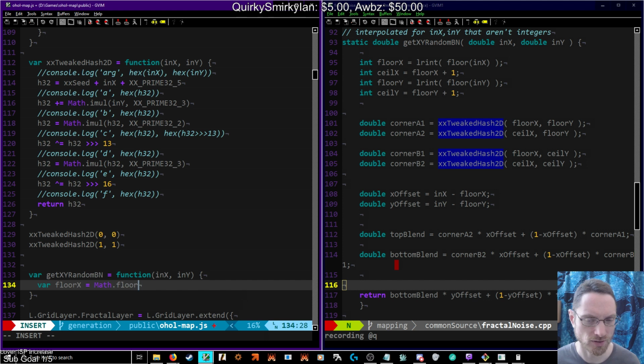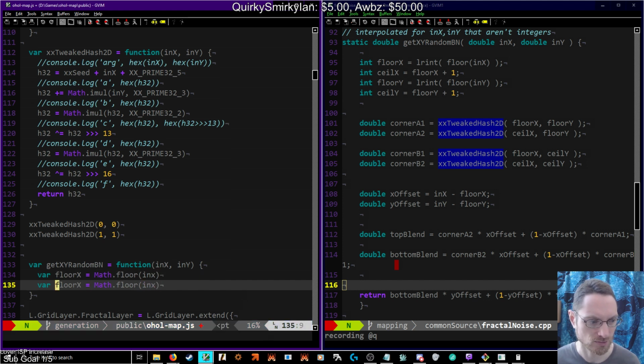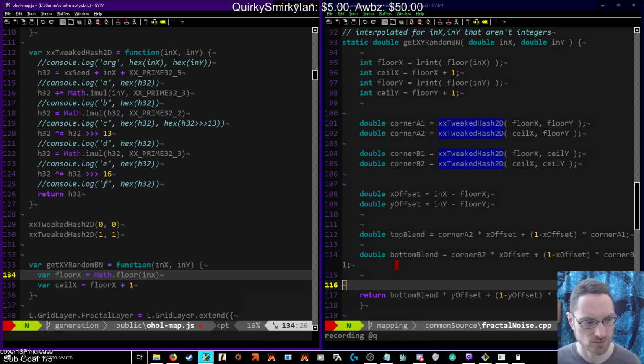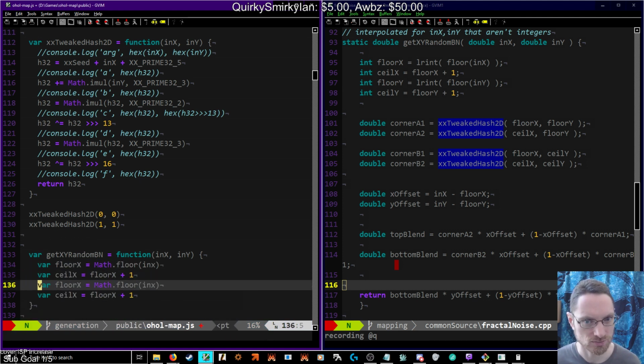I think we just have math dot floor and ceil, right? Although, as pointed out, this is just +1. Well, depending on how your floor works. Hopefully floor is the right function here.